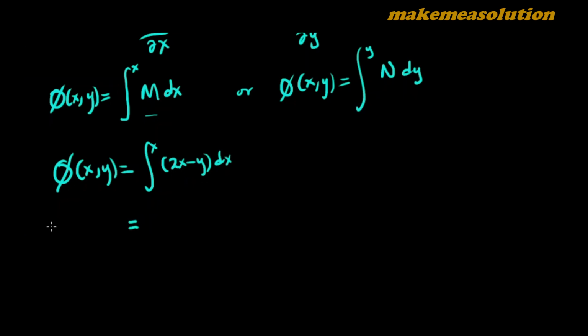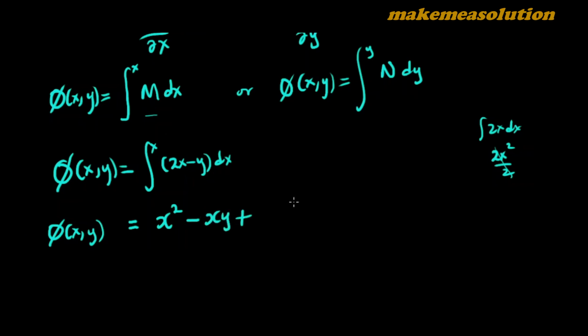So if you integrate this term 2x, you're going to get x squared, because the integral of 2x dx is 2x squared over 2, so the 2 cancels out and you're left with x squared. When you integrate a constant, which in this case is y, an x term will be added to it, so minus xy.